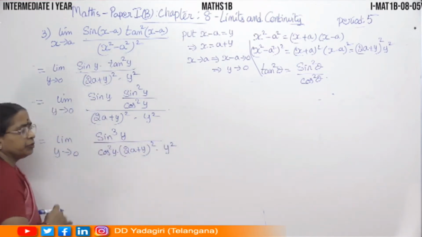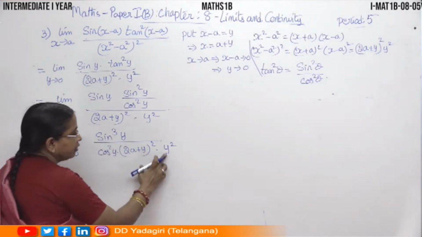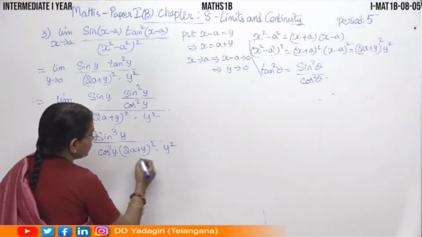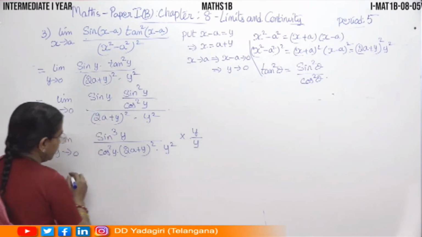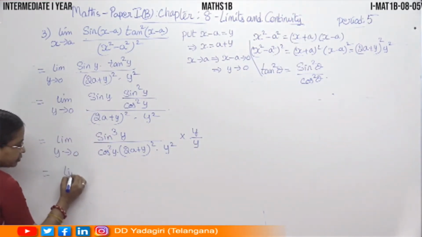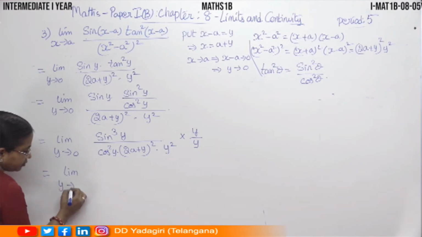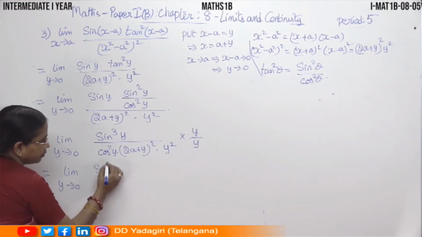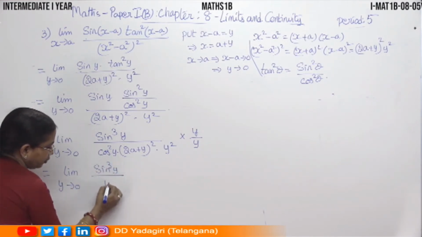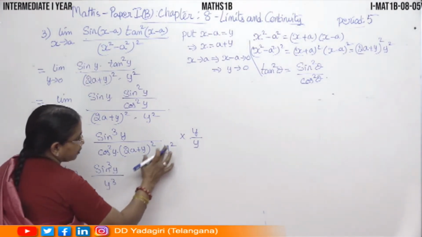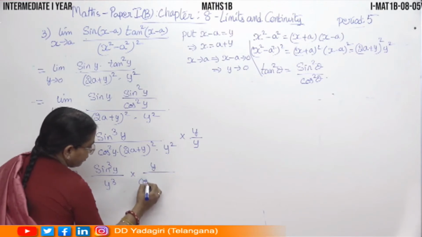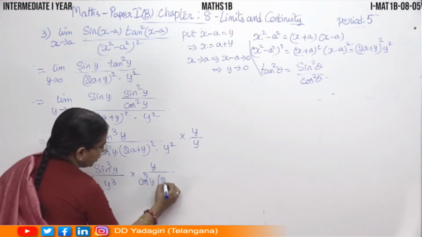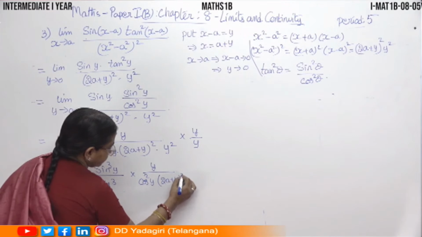Now we have sin³ y. When we have sin³ y, we should have y³ in the denominator. So we'll multiply and divide by y so that it is in the standard form. We write limit y tending to 0 of sin³ y by y³, and y² into y³, the rest we write separately: y by cos² y into (2a + y)².